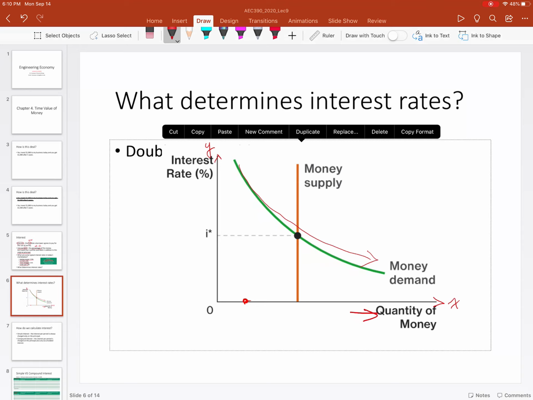But whenever there is less money on the market, it's hard to get money from the bank or from a company as an investment. Then you need to provide a higher interest rate to convince that company or bank or person to invest. Makes sense, right? So it's determined by the quantity of money on the market.